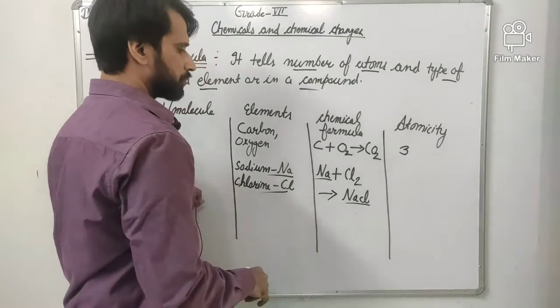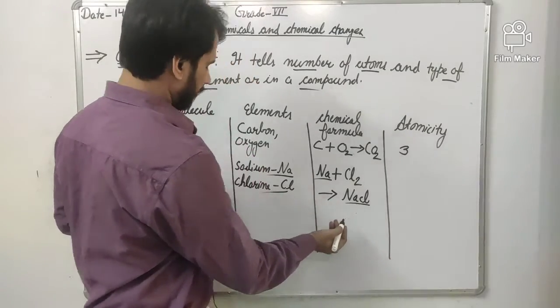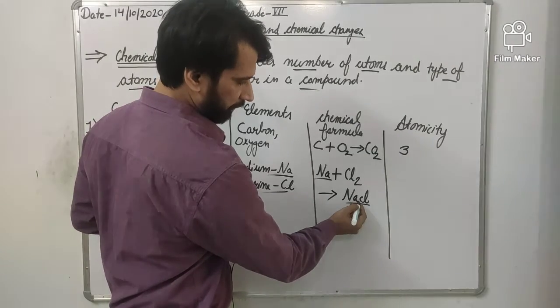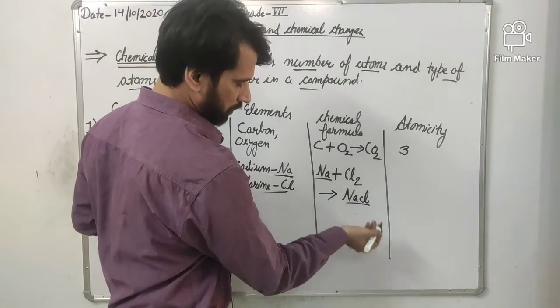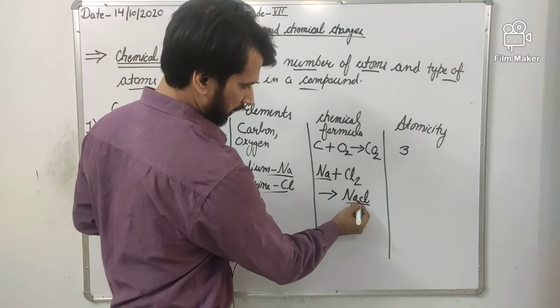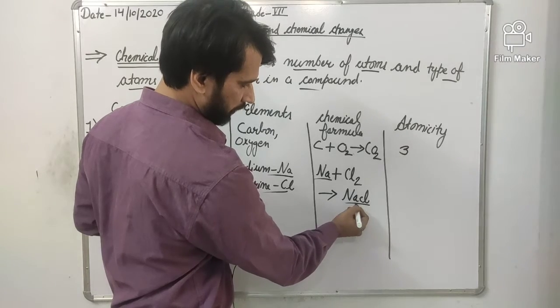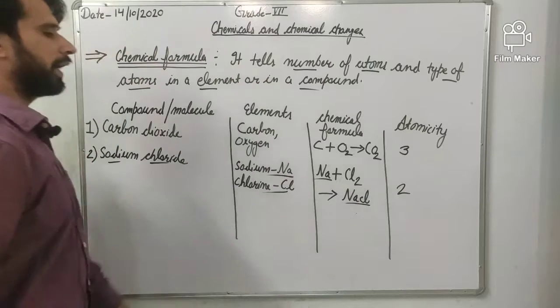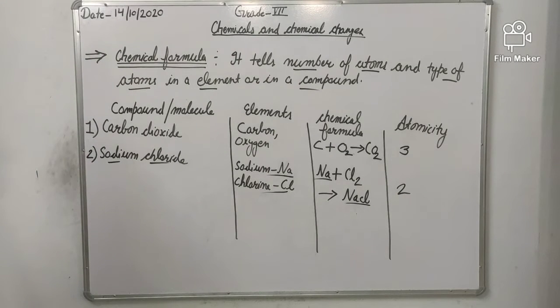Look at the total number of atoms here. Na has 1; whenever there is no subscript, it means 1. Cl is also 1, so 1 plus 1 is 2. So the atomicity of sodium chloride is 2.